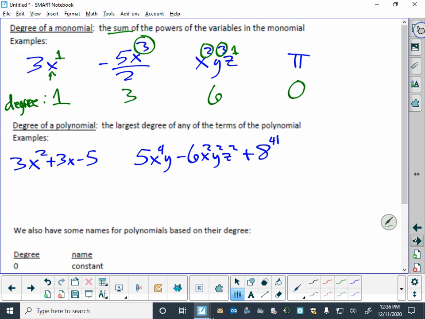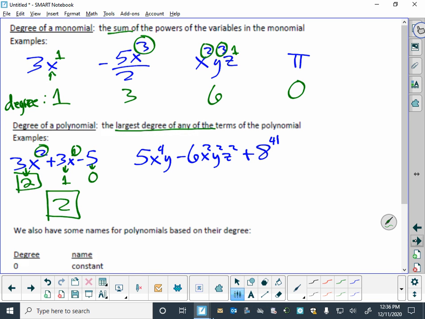So my first one here, if I split this up into its monomials, it's a 3x squared. This is degree 2. This one is degree 1. This one is degree 0. It says it's the largest degree of any of those. The largest one is a 2. So this polynomial has degree 2.